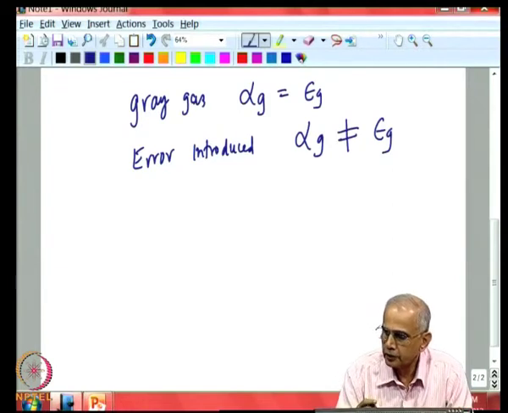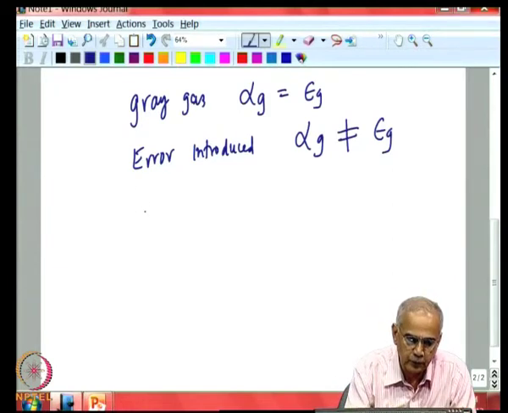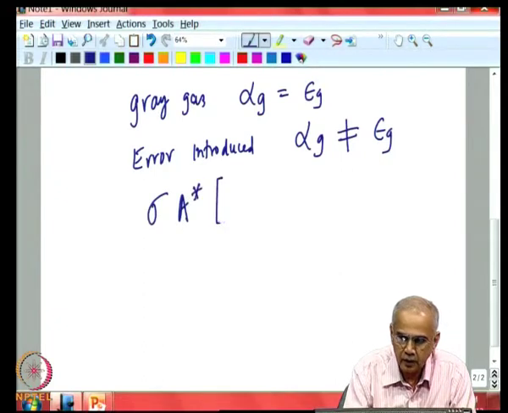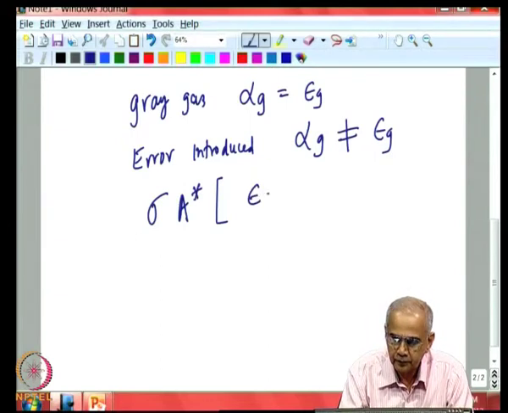So, if you look at this problem and look at the radiative transfer when these two are not equal, our radiative transfer equation will look like this.